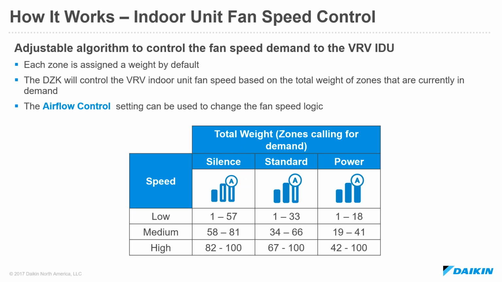Similarly, the power setting biases this logic towards higher fan speeds, so it requires less of a total demand from all of the zones before the DZK starts to use higher fan speeds. The idea here is, if you want to minimize the noise levels of the DZK, we can use the silence setting. If we want to maximize capacity and get as much airflow as possible, we can use the power setting.